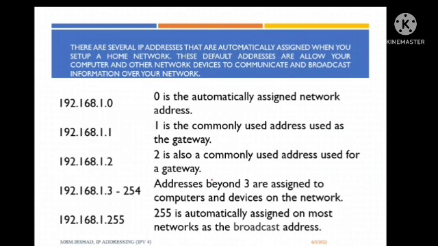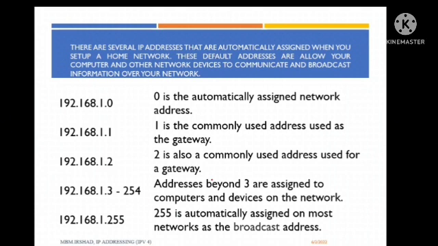So in that category, I have explained to you technically what static and dynamic are. There are several IP addresses that are automatically assigned when you set up a home network or whatever the network. We call them default addresses; they allow your computer and other network devices to communicate and broadcast information over your network.